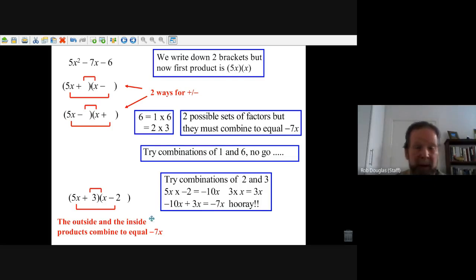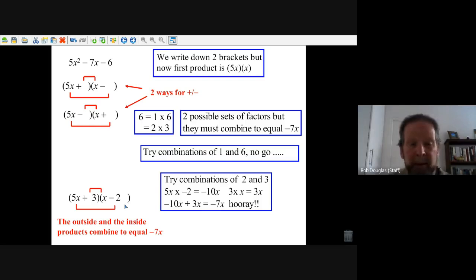Now, if you try the other combinations of 2 and 3, see, we want to get minus 7x. Well, here's a combination of 2 and 3 in here. If we go plus 3 times x is plus 3x, and minus 2 times 5x is minus 10x. Minus 10x plus 3x is equal to minus 7x.